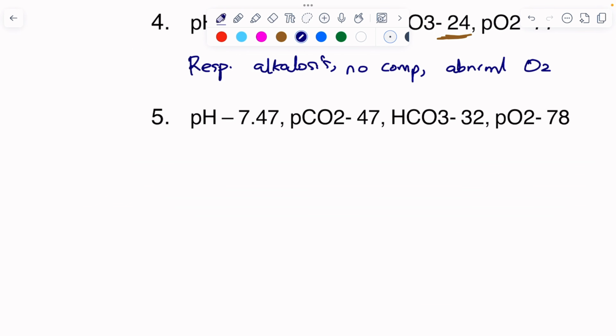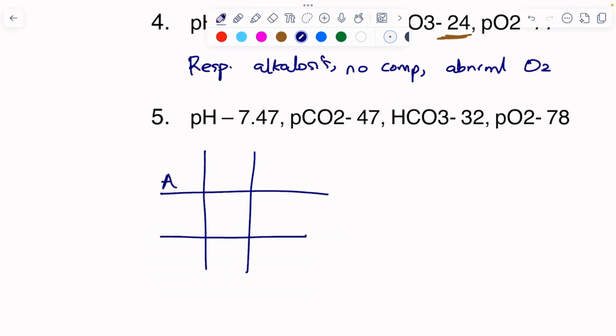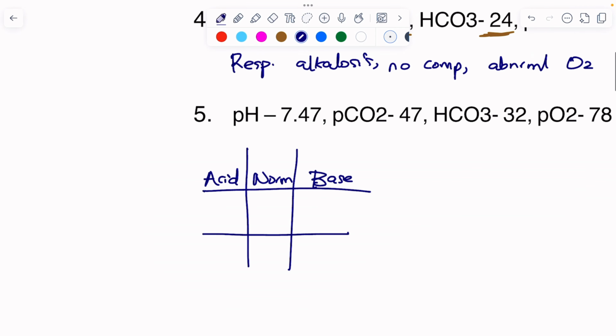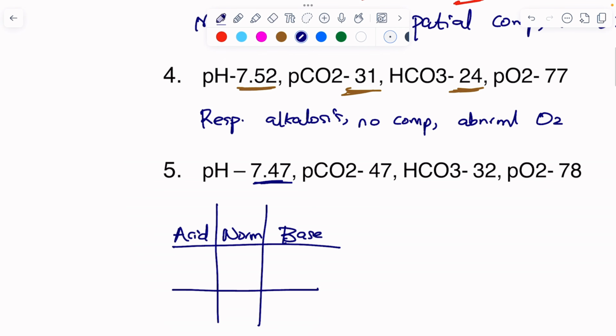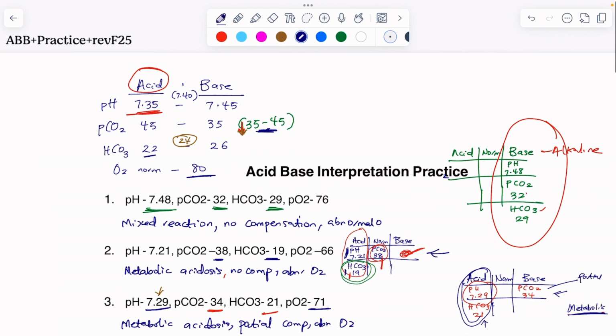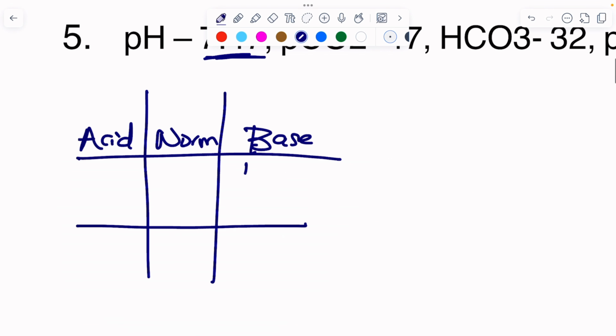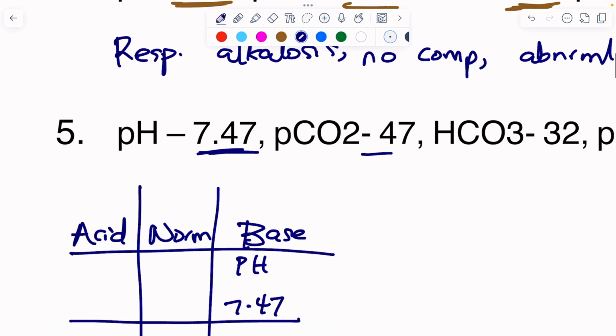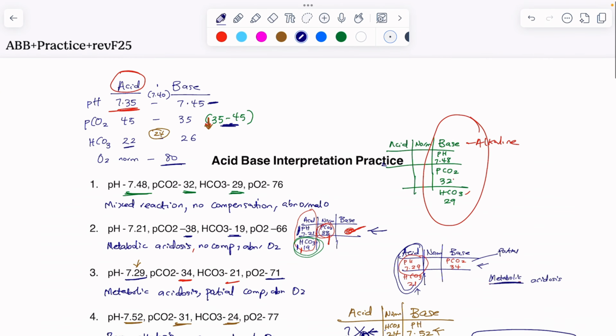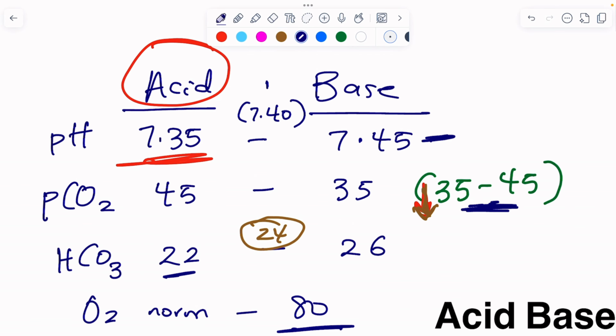Okay, now let's move on to the final question. I'm just going to draw this one here. Remember the drill: acid, norm, base. So 7.47 here, that is basic. So pH 7.47, PCO2 47. You see that that is higher than 45, so that is acidic.